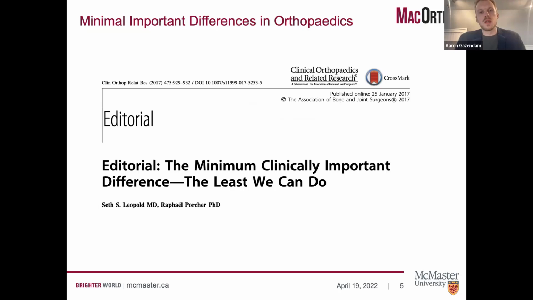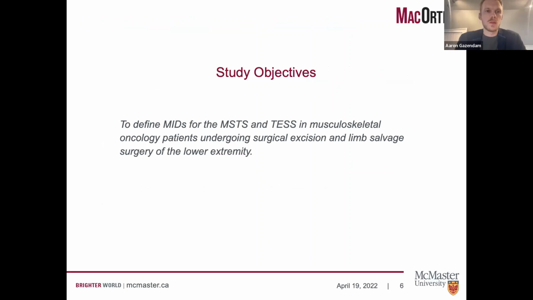This is because musculoskeletal oncology is a very rare disease, and the majority of the literature on functional outcome scores comes from case series that administer the outcome score at a single time point. So MIDs have been difficult to establish. The objective of the current study was to define MIDs for the MSTS and TESS in this patient population.